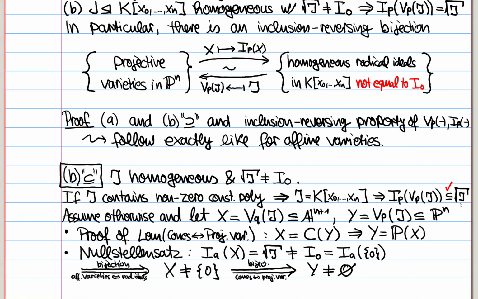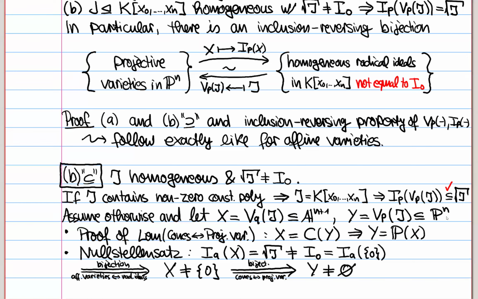So let's assume otherwise: J contains no non-zero constant polynomials. Then we define the things that we had before. X is the affine vanishing locus of J inside A^(n+1), and Y is the projective vanishing locus inside Pn.